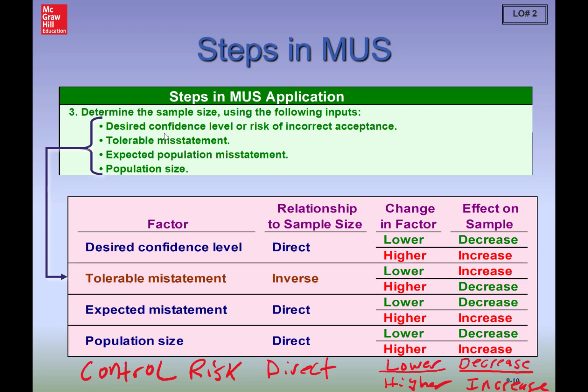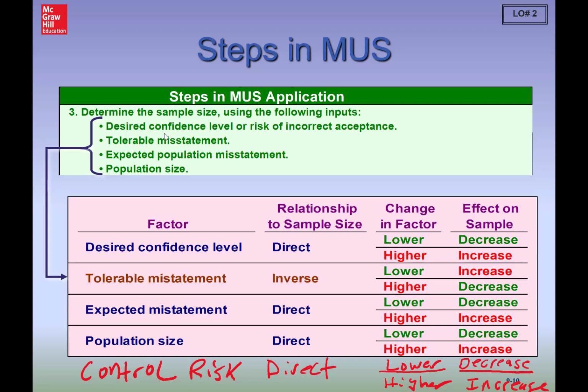What sample size would you have to use for that? How much testing would you have to do? Don't bother. If you're willing to accept a $2 billion error and the account balance is only $2 million or whatever, don't bother. There's no material misstatement in there, right?